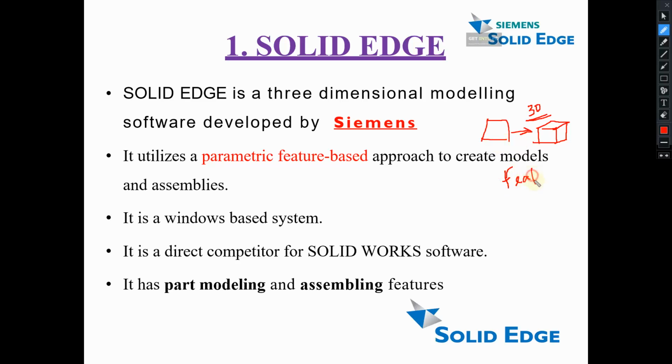So the features which we can give are, if we want to create a solid projection or a solid object, then we can do extrusion. Extrusion is a common name, so for different softwares it will be different. So extrusion means you will be creating a solid object in three dimensions.